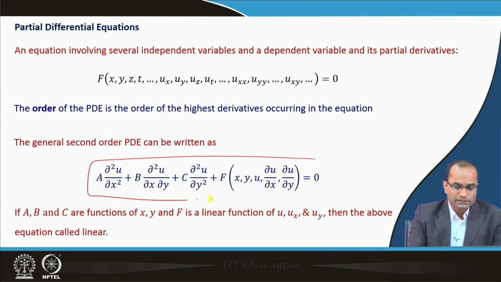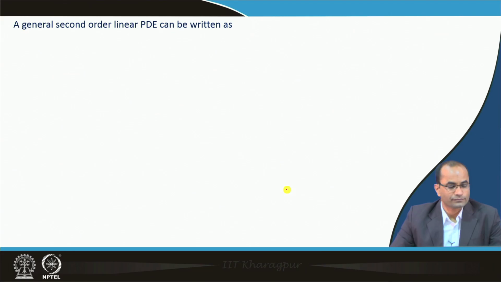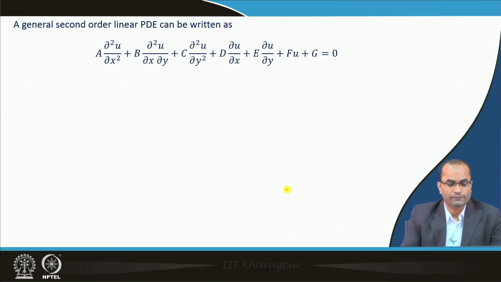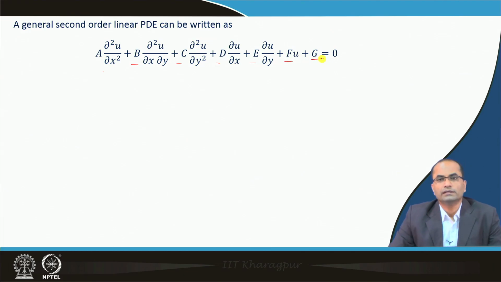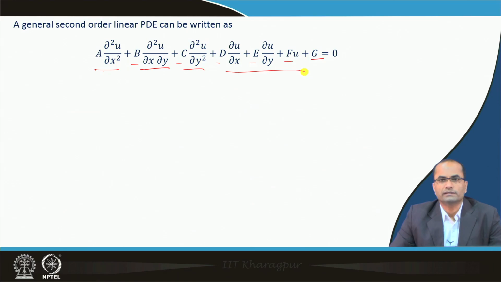If a, b and c are functions of x and y, and f is linear, then we call this equation a linear partial differential equation. A second order general linear partial differential equation can be written in this form, where a, b, c, d, e, f and g are either constants or functions of x and y. They do not depend on u. So, we have only a linear expression in u, and there is no product of u and its derivative appearing in the whole equation.